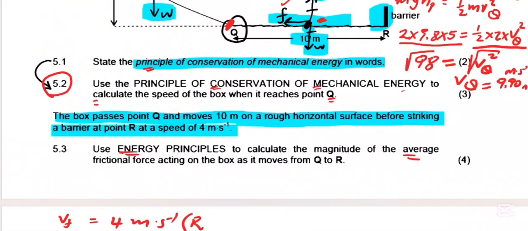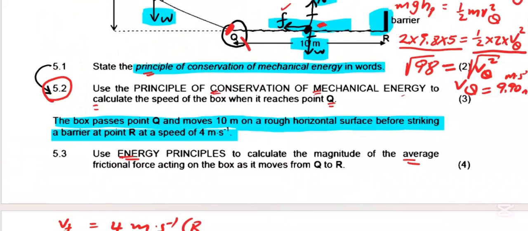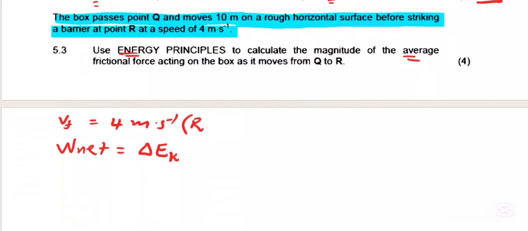We do have the speed at Q and the speed at R. The speed at Q is 9,90, so the initial velocity is equal to 9,90 meters per second. So we can use this one.